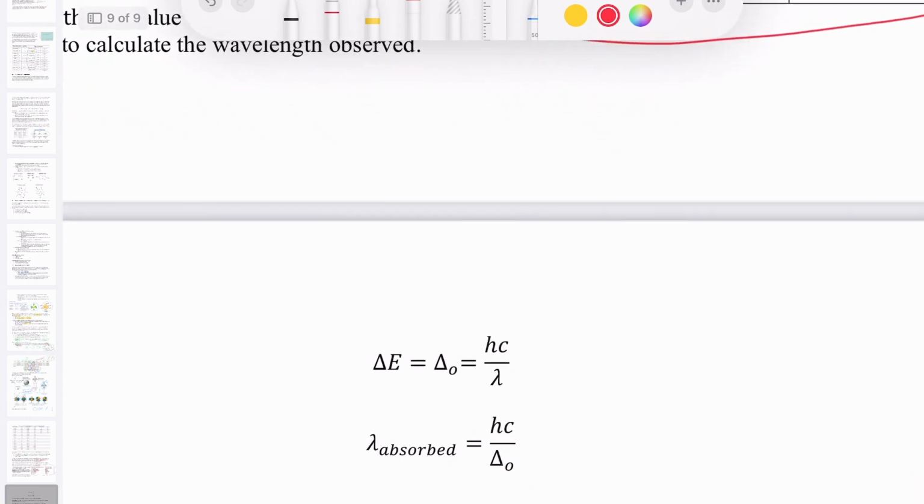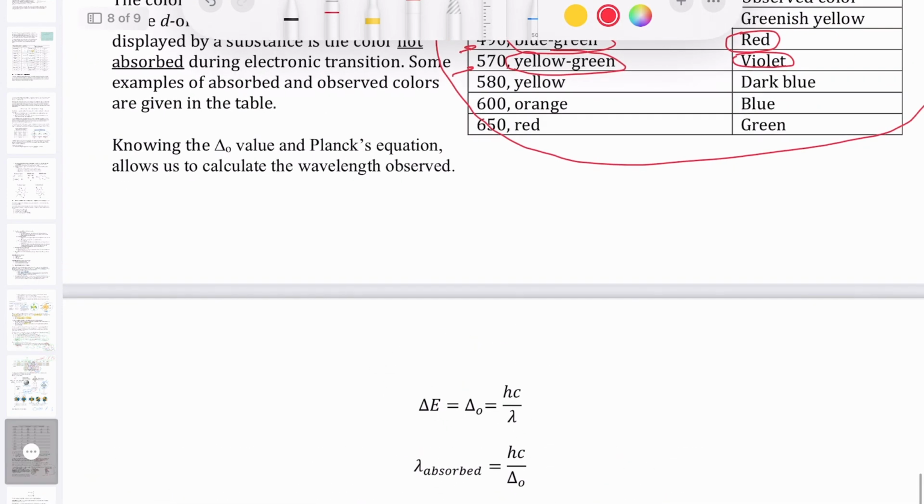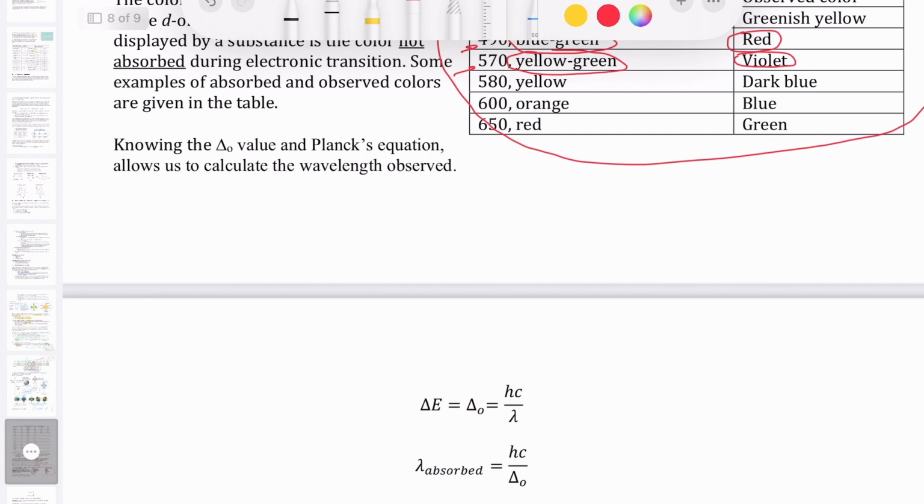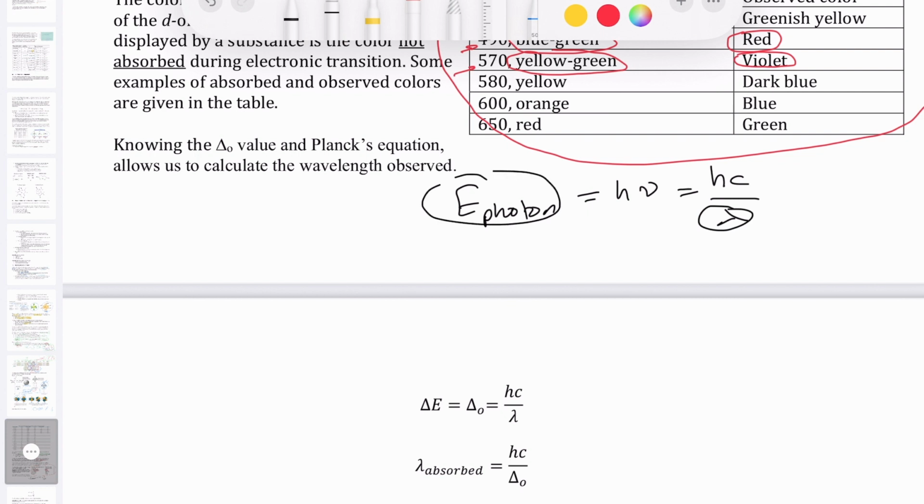Now, we can actually calculate the energy using the wavelength. This is just using the ideas that you learned in General Chemistry 1, keeping in mind that the energy of a photon is equal to h nu, which is the same as hc over lambda. So there's that inverse relationship between wavelength and energy that I mentioned earlier.